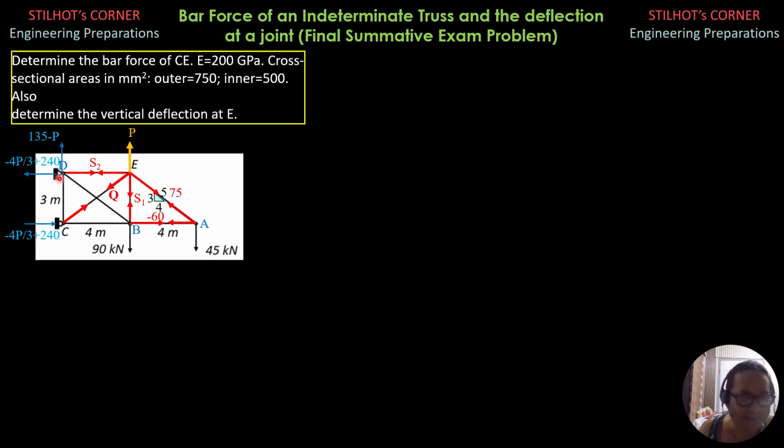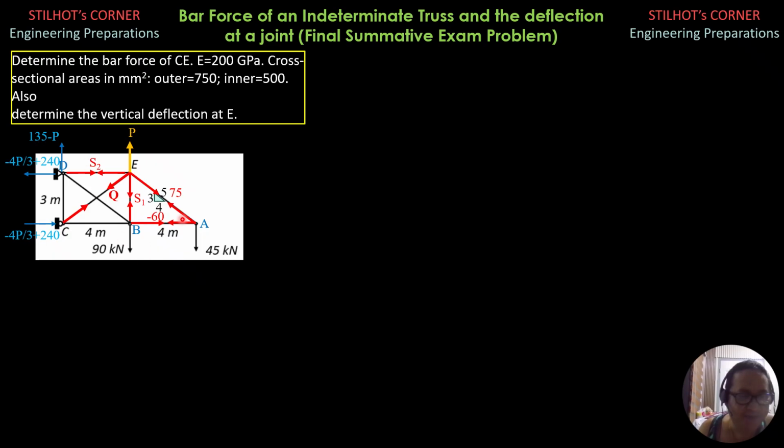Summation of moment at D first, then you'll get this reaction in terms of P, and it is rightward. Then of course there's no other inclined load. Summation forces X, they are numerically equal but leftward at D. Summation forces Y, then the reaction here is 90 plus 45 minus P, or 135 minus P.